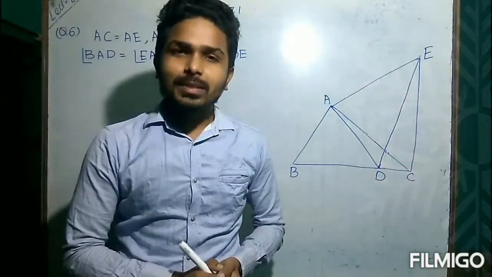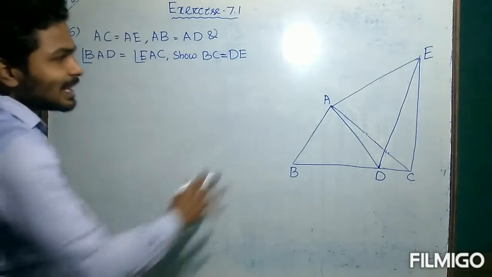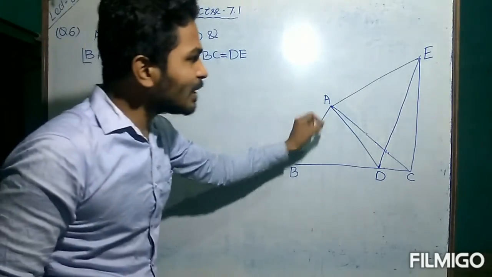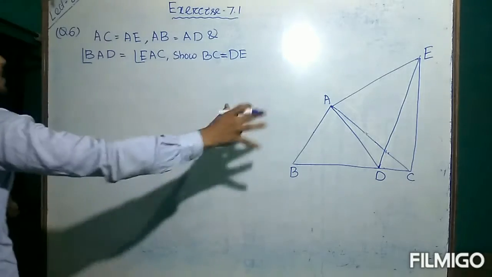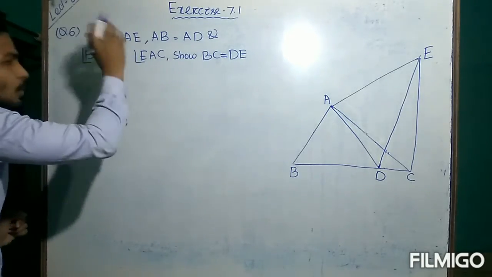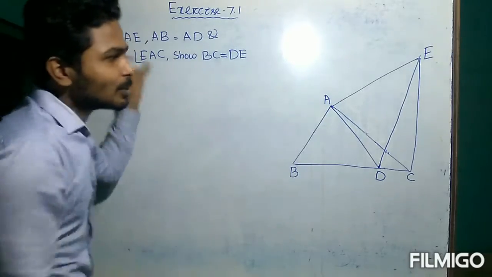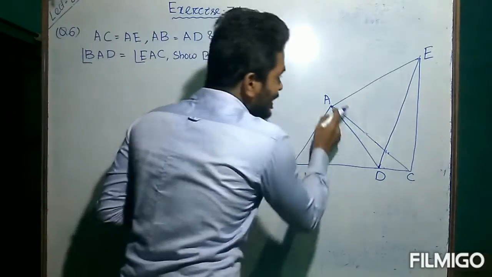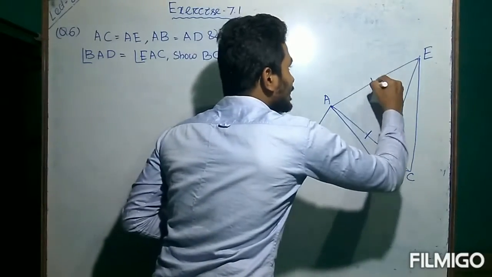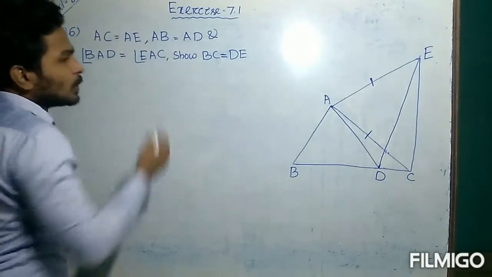And now coming to question number 6. In question number 6, as you can see, here is a complicated figure, a little bit complicated, and some data are given from this figure. It is given that AC is equal to AE. So let us first identify which one is AC and which one is AE. It is given AC, this side, is equal to AE, this side. Understood? And AB is equal to AD.